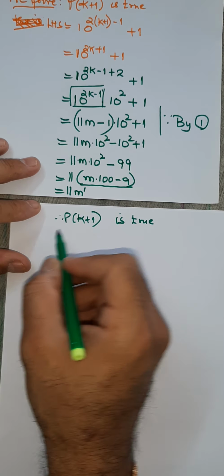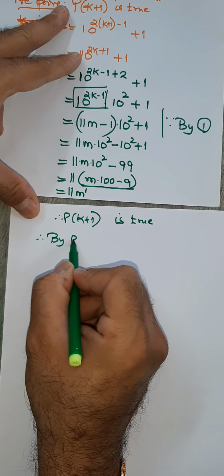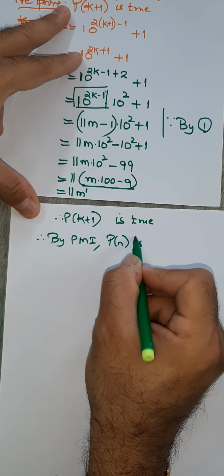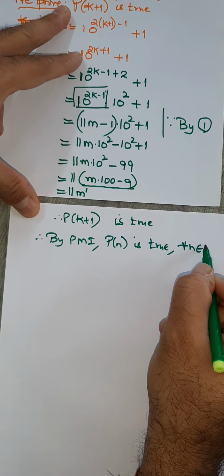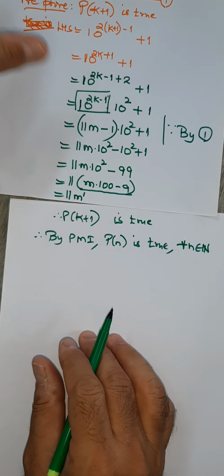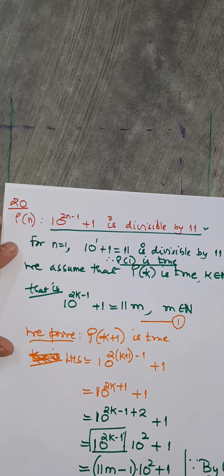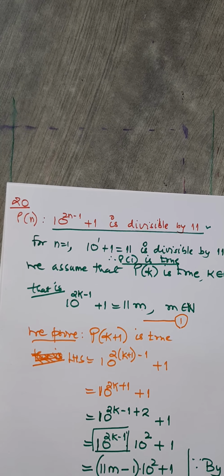And therefore, by PMI, by the principle of mathematical induction, P(n) is true for every natural number. This is the proof by PMI. That means the given statement is always divisible by 11 for every natural number. That's the principle of mathematical induction, and here it is a proof.